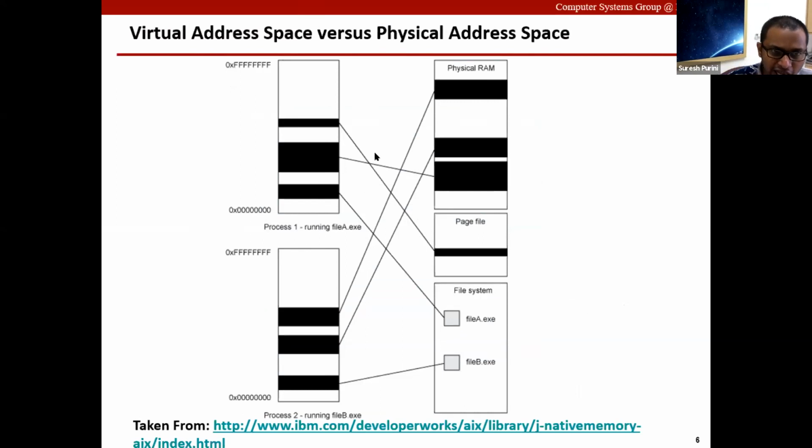So this memory layout for process 1, which is executing the program file A, gets mapped to the physical RAM. A page here, for example, gets mapped to some page here in the physical RAM, and some other page may get mapped to something else in the physical RAM, and so on and so forth.